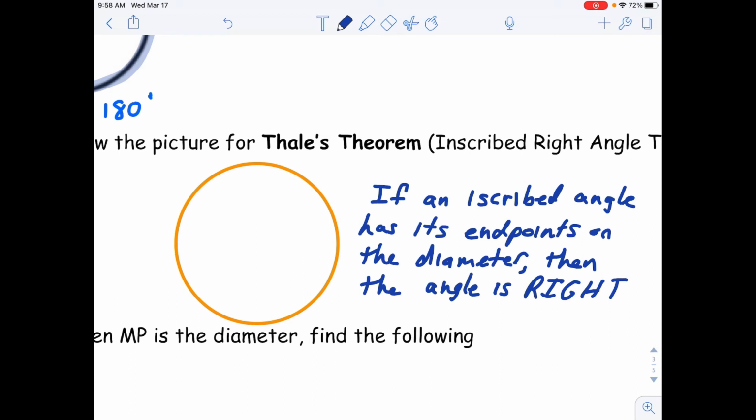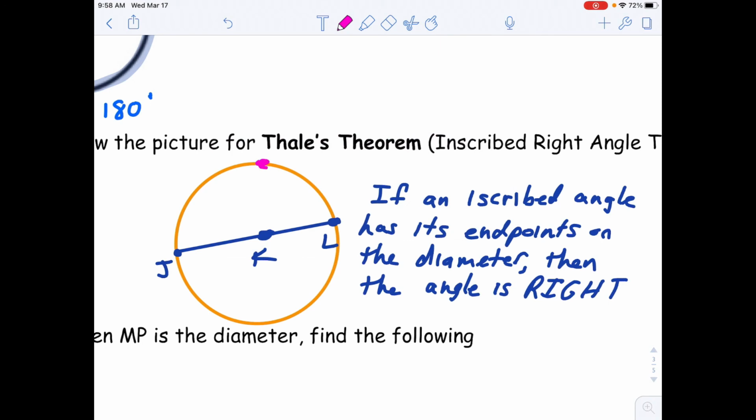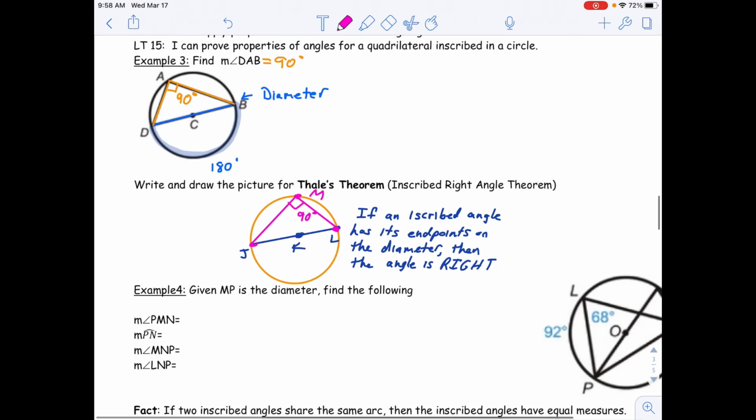So what that means here is we've got some random diameter, J, K, L, and then here's M over here. This angle is an inscribed angle, and its endpoints are on the diameter. Then that's a 90-degree angle, a right angle. That's the punchline. Pretty cool.